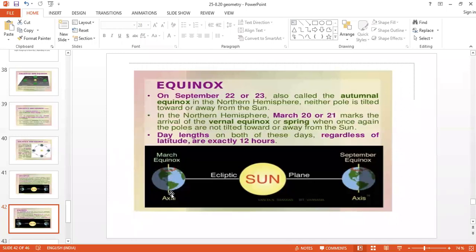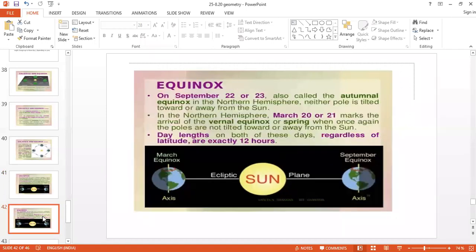So this is the March axis, Earth's axis, and this is also Earth's axis. This is the sun. This is the March equinox, and this is the September equinox. September 22 or 23 is also called the autumnal equinox in the northern hemisphere. Neither pole is tilted towards or away from the sun.